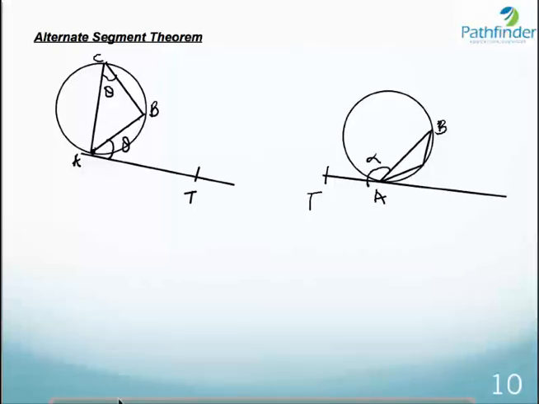So if we have the chord AB subtending an angle at point C in the other segment, angle ACB will also be equal to alpha. So in both these cases, angle BAT is equal to angle ACB.